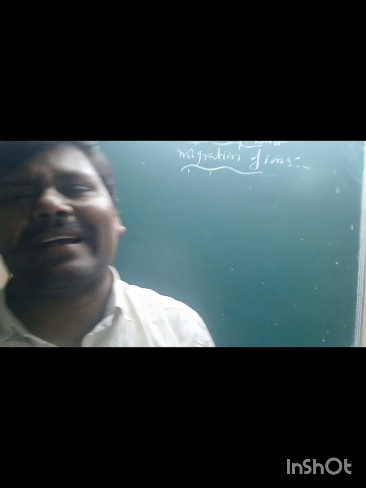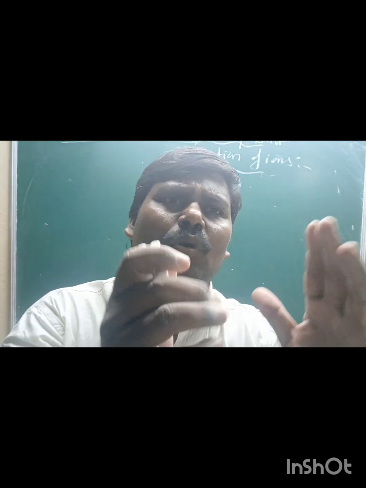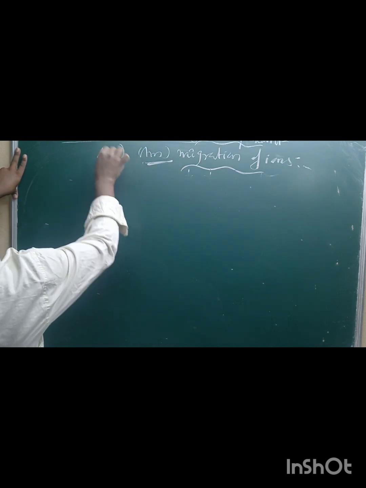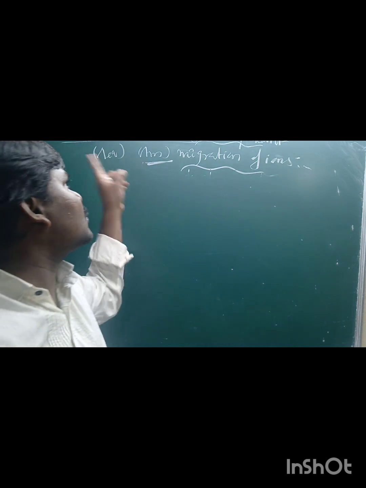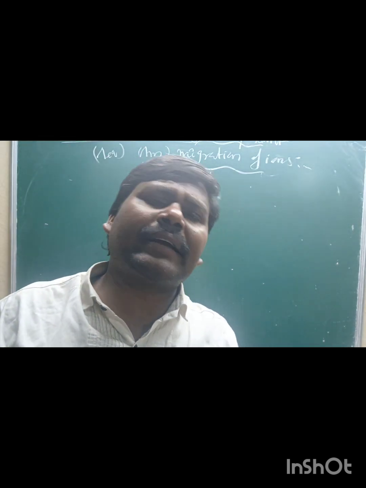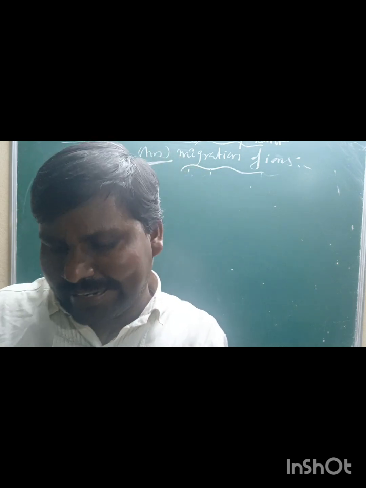There are two statements of the Kohlrausch law of independent migration of ions: one based on the molar conductance, and one based on the equivalent conductance.